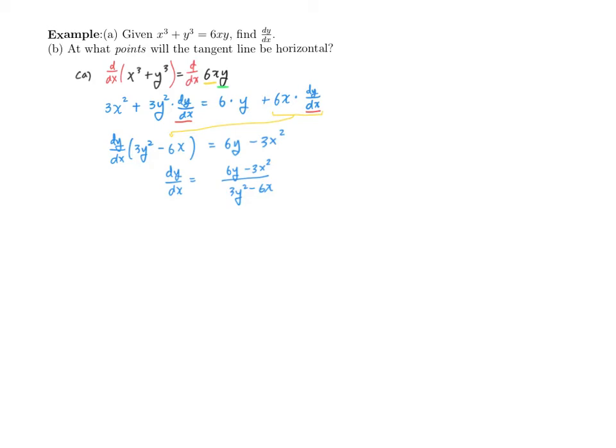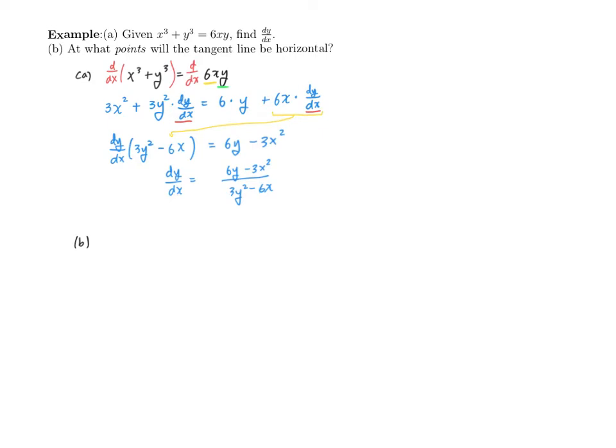And in this case, in part B, we are asked to find the points on the curve where the tangent line will be horizontal. And this is something we've encountered several times, I think, at this point. The tangent line is horizontal when the derivative is 0.